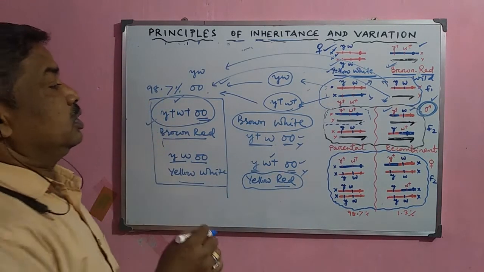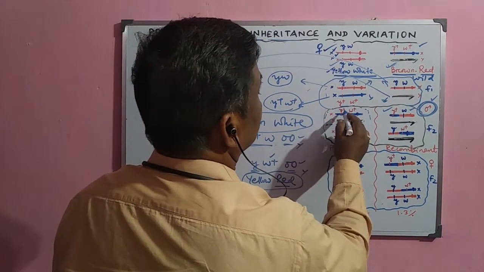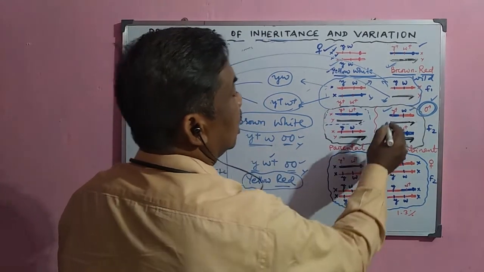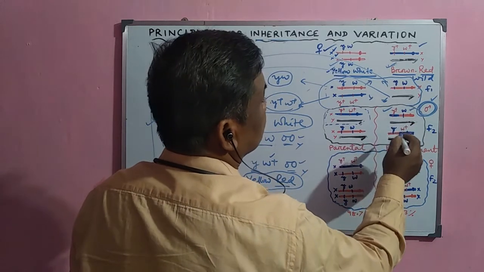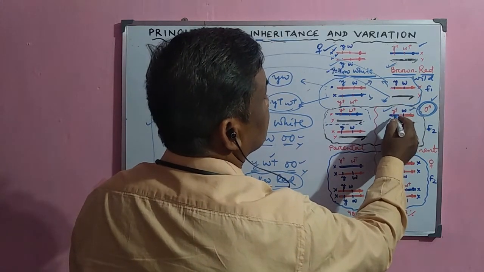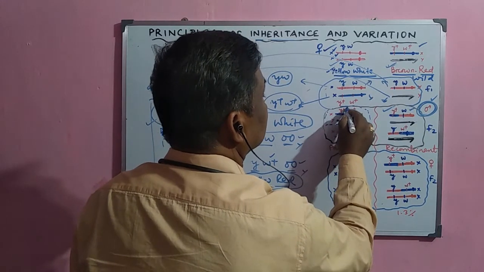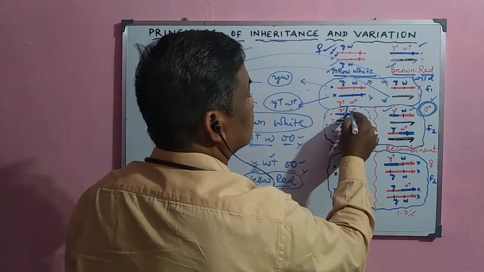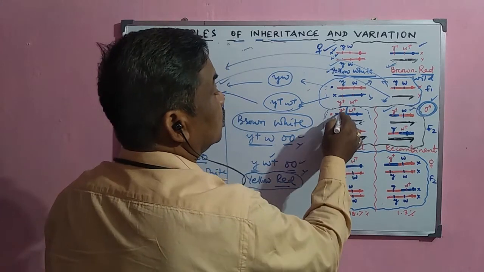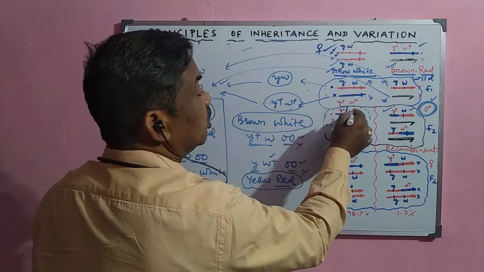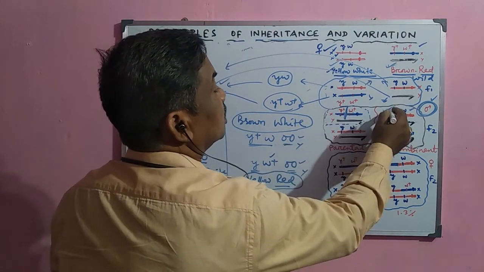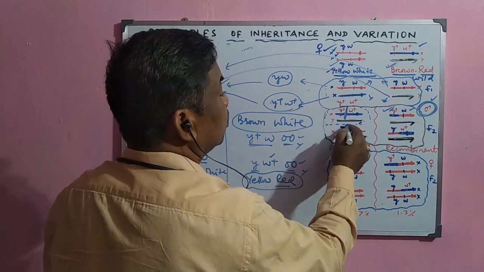Now if Y plus W plus remain together, how was this new type of combination, Y plus W, observed here? Y plus W plus is present here, and W plus is present here, but these are now separated from one another, and Y plus goes here and W from here.